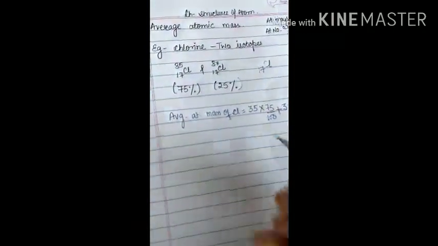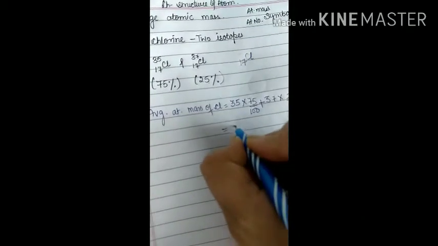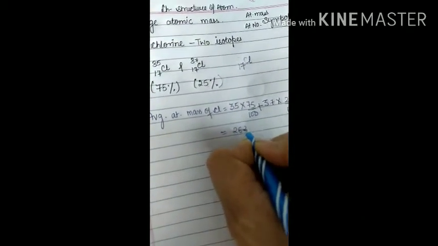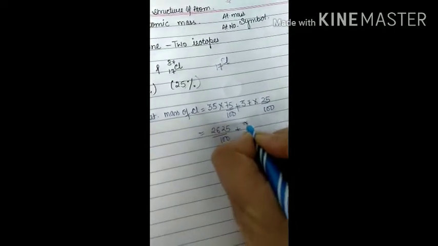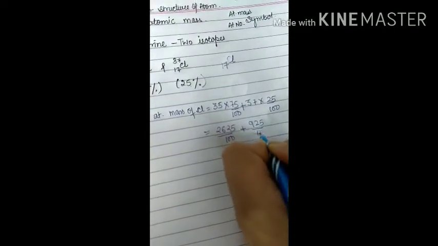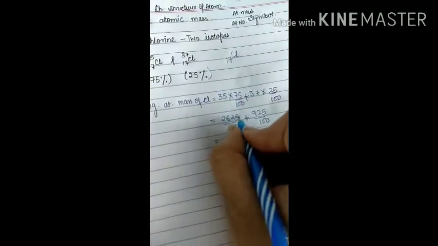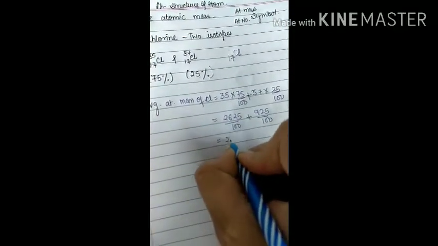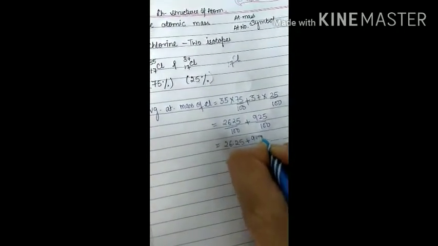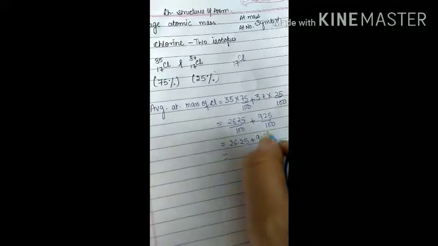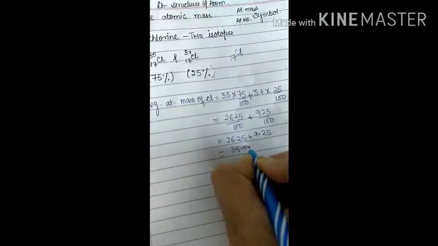Now when you solve this, you will find it is coming 2625 upon 100, plus 925 upon 100. Now we can put the decimal points, so it will be 26.25 plus 9.25. Now add them, and it comes to approximately 35.5 u.